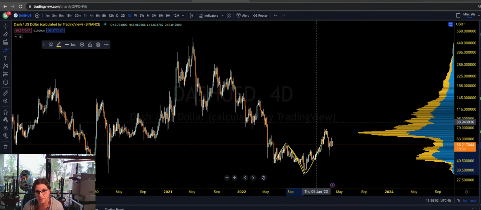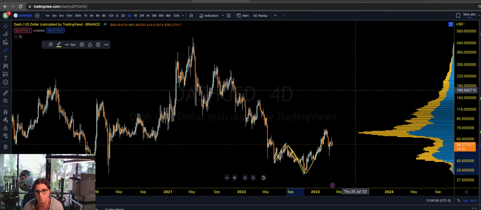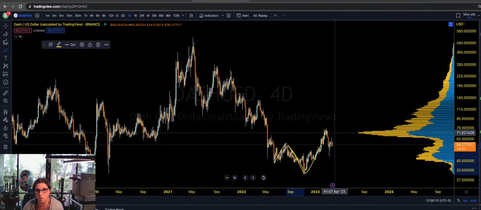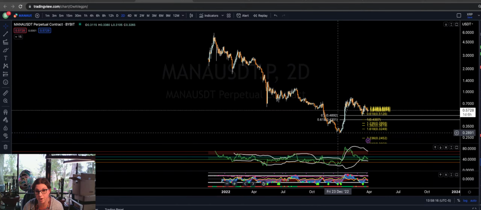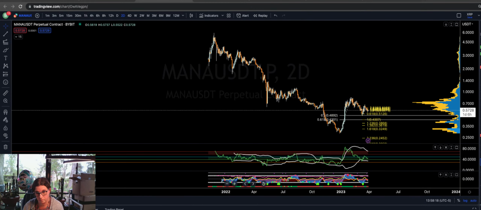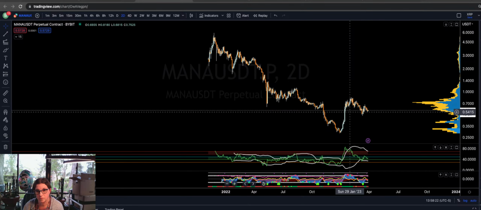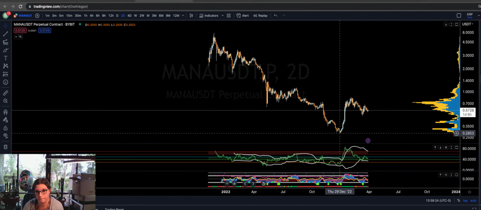So with that being said, and I'll show you a few, it is suggesting that we are going higher because there's a lot of alts, one being Mana here, that came off the bottom in a 5-wave move. And this cannot be a B right here.